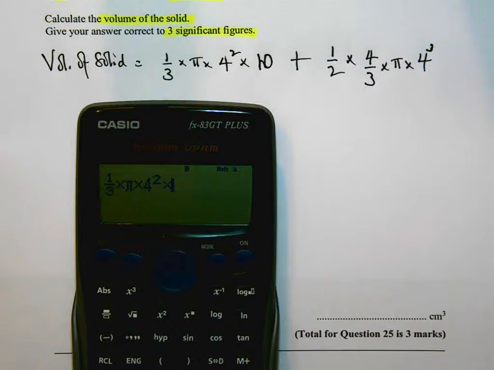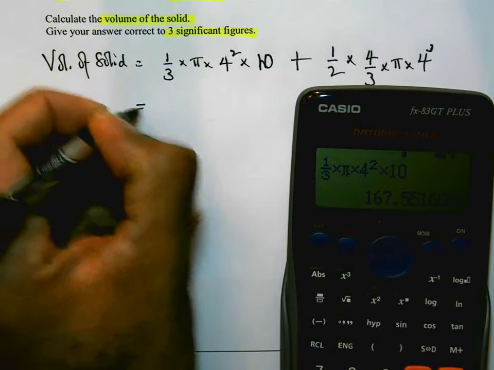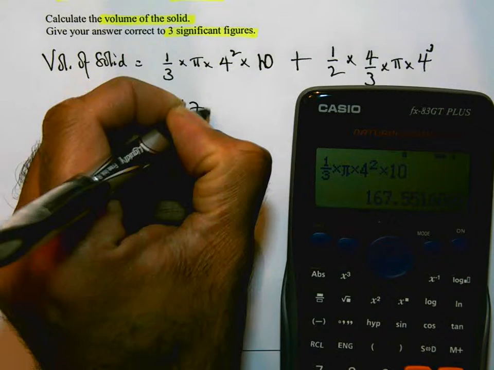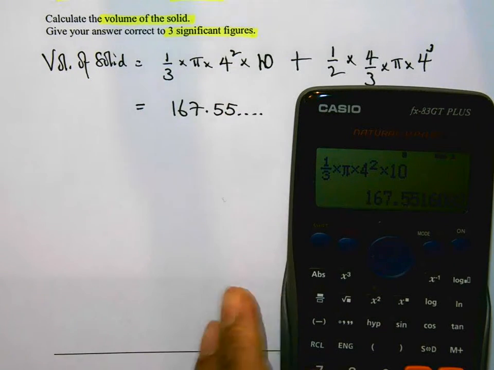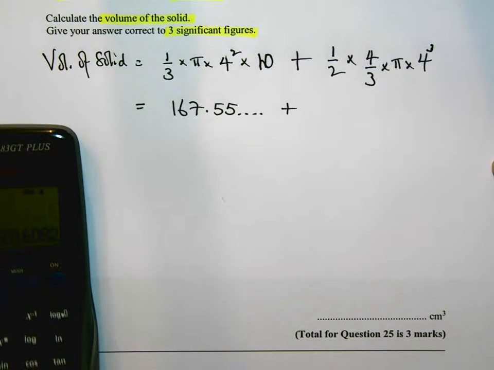That's equal to 167.55. So let's write that down. 167.55, and there are loads of bits of decimal places after that. We don't need them all. Remember, we need to round the number to 3 significant figures.